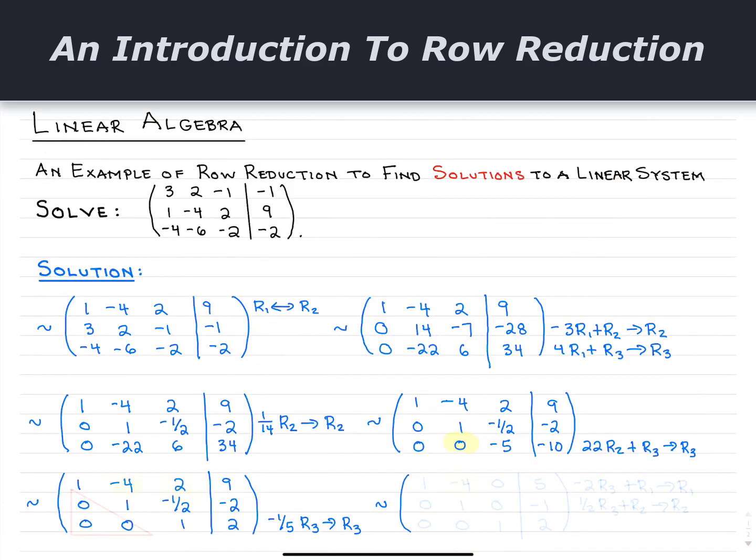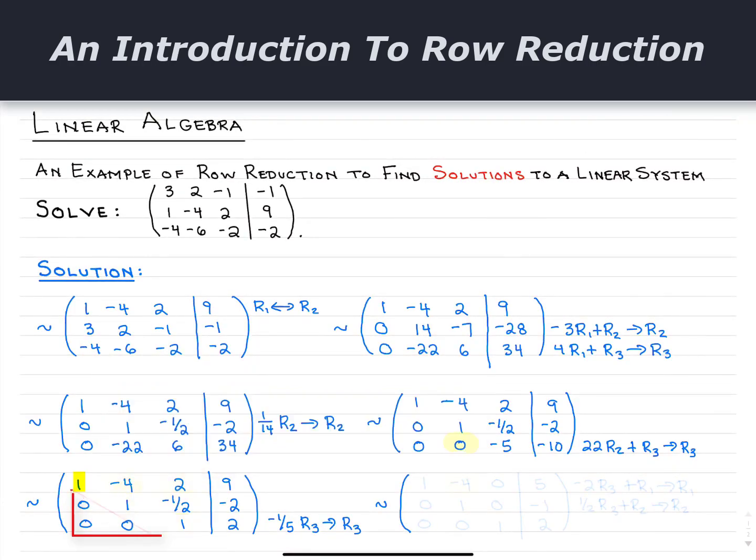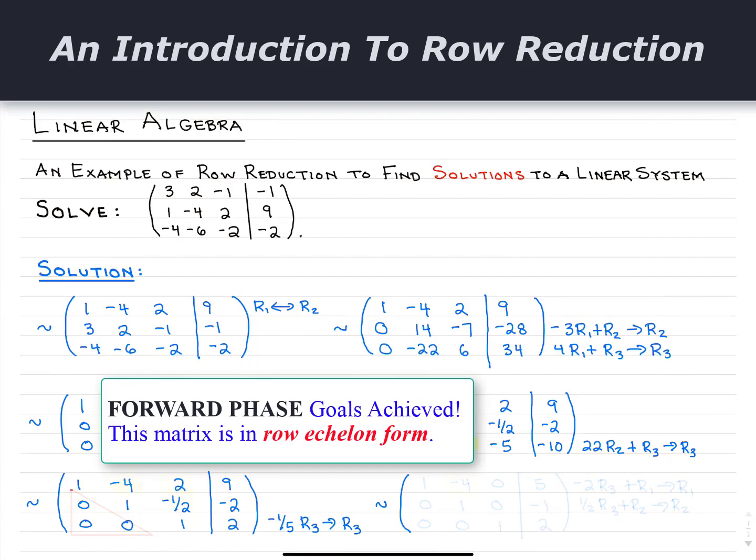All right, so now we have echelon form. If you see, we have a lower triangle of zeros in our matrix. And the forward phase of the reduction is complete.